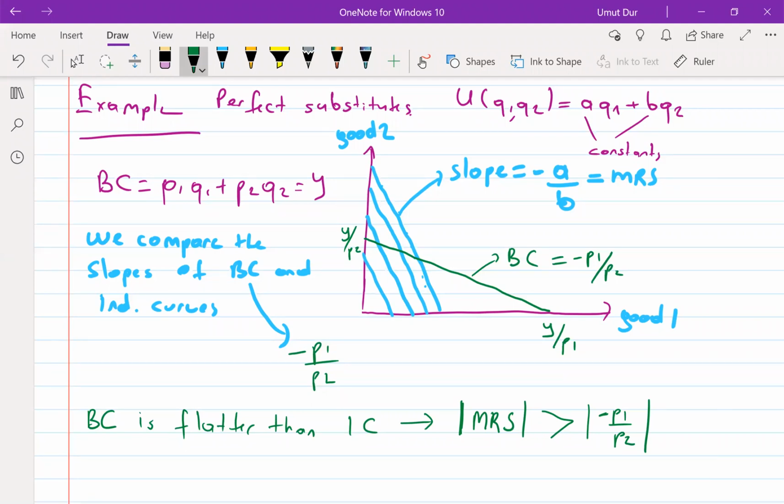Then in this case, without knowing anything about the marginal rate of substitution and these price ratios, which point will be the optimum point? Let's look at the graph. What will be the optimum point here? How can I find it? Can this be the optimum point, where I consume only good 2?